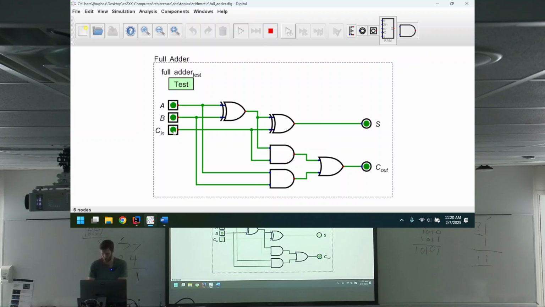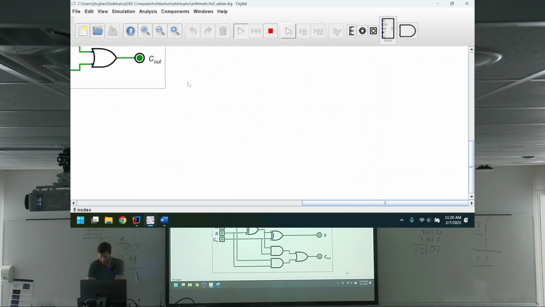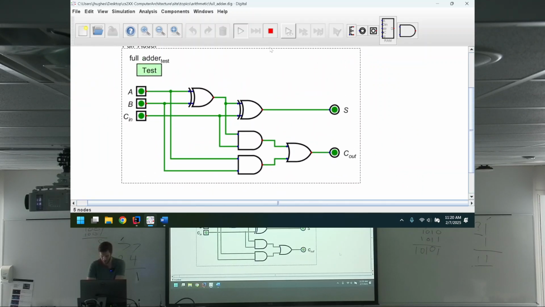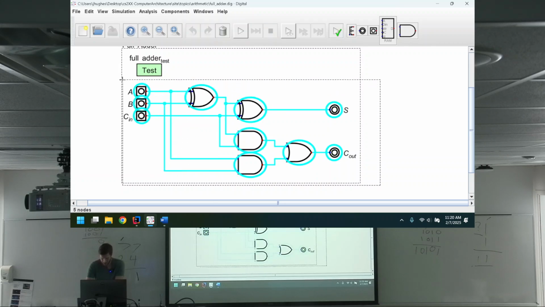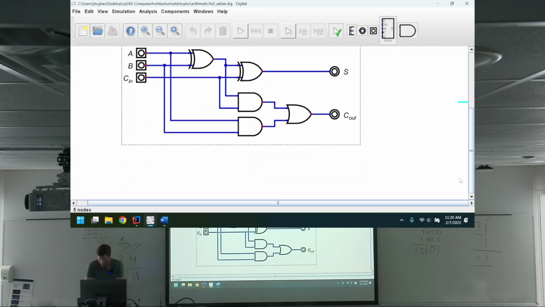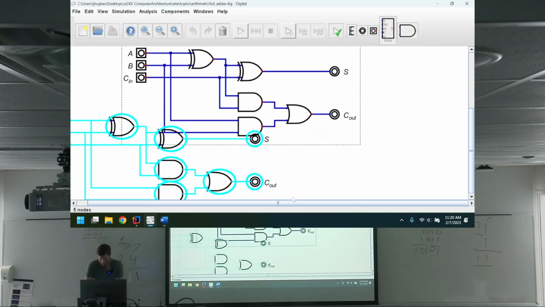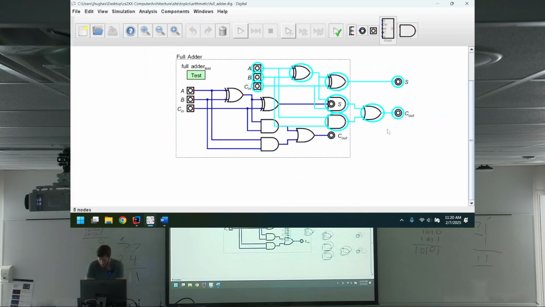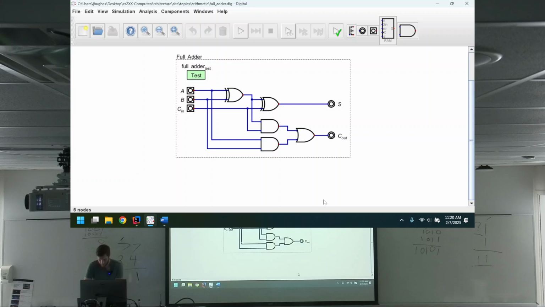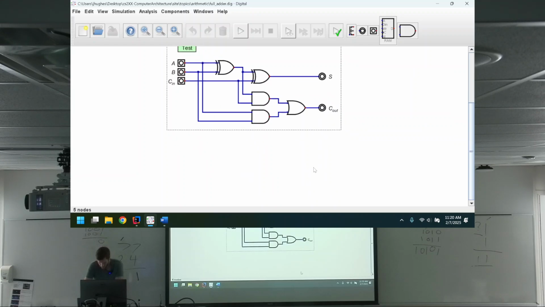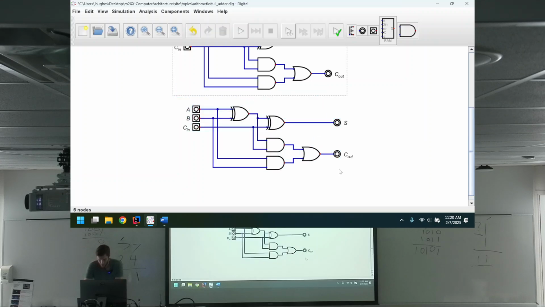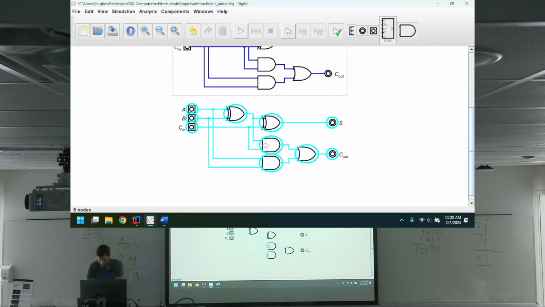So, okay, I was talking about chaining them together. Well, this still only adds two 1-bit numbers together. Kind of, because we have that carry in. But if I want to start doing more, all I really have to do is take this and paste.